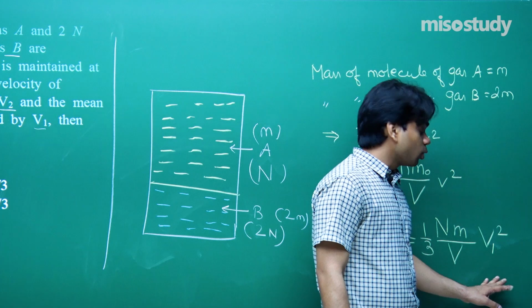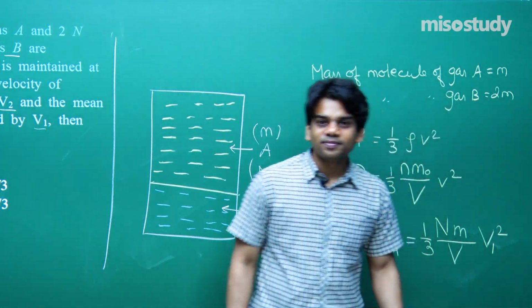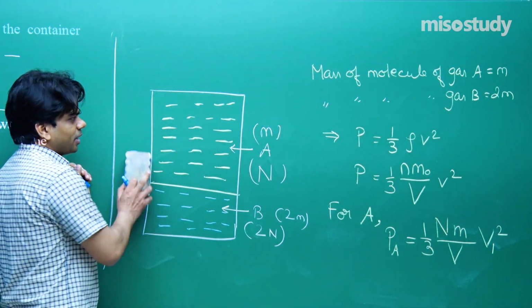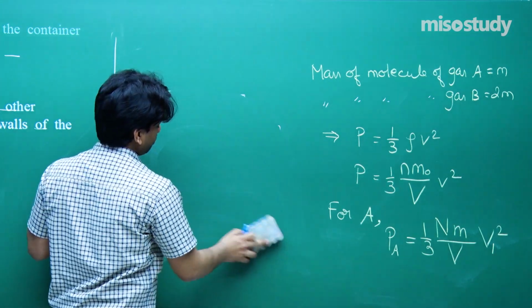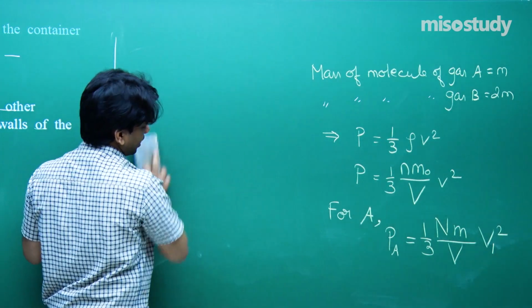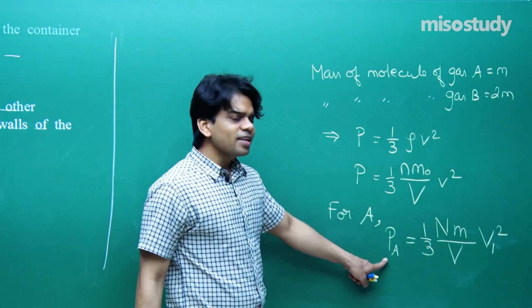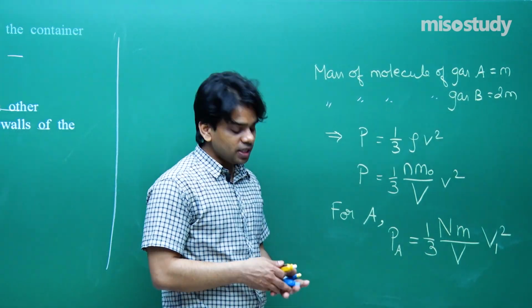So take note till here, so that I may write at the other end by rubbing it. I believe that you would have taken down this diagram. Let me rub this so that I may use this space. Now for B it's 2N, for A it's N. Now one more thing, they are kept in the same container, so pressure will be the same. The volume V we have to use same for both the gases.